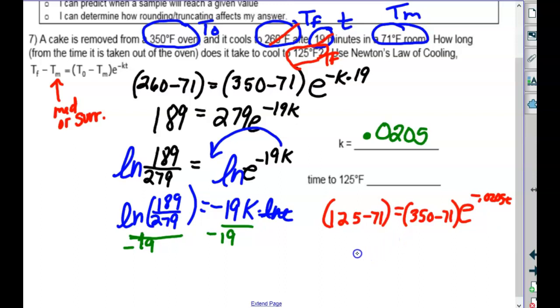Pretend you can read that. 54 is my guess. Somebody check me.